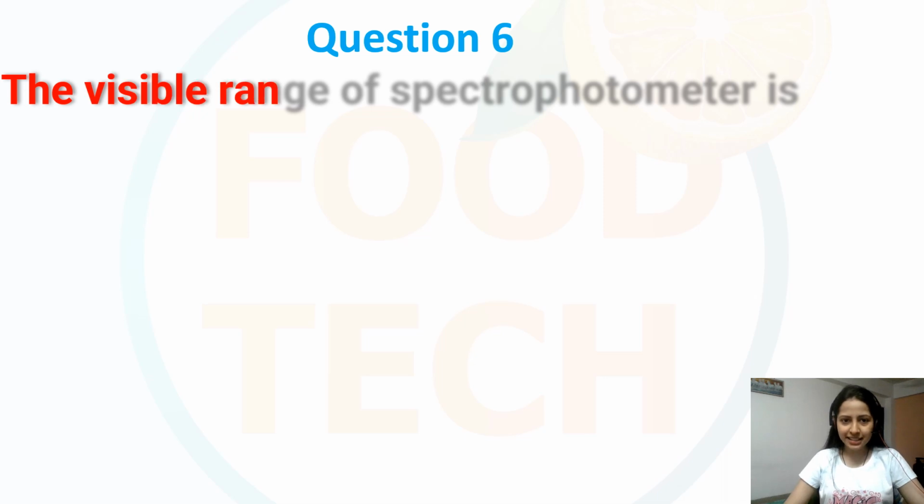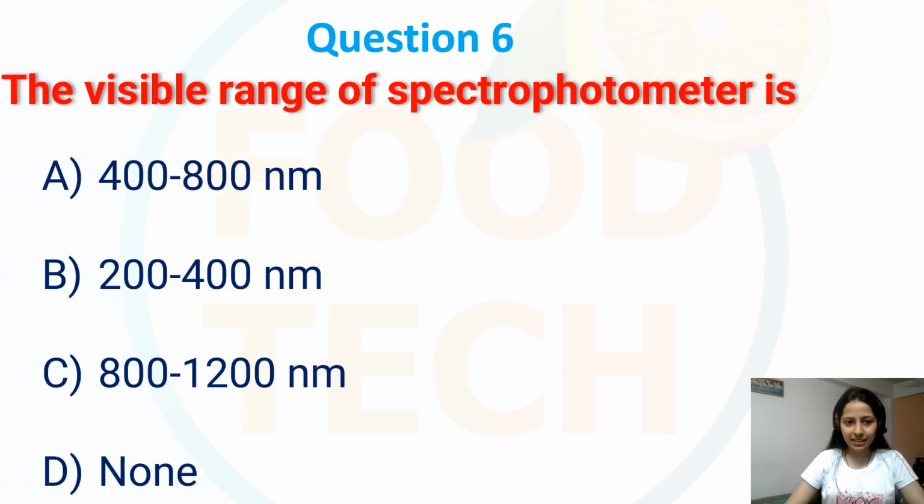Next, question number 6. The visible range for spectrophotometer is, so my options are A, 400 to 800 nanometer, 200 to 400 nanometer, 800 to 1200 nanometer, or none of the options. My correct option will be A, that is 400 to 800 nanometer.